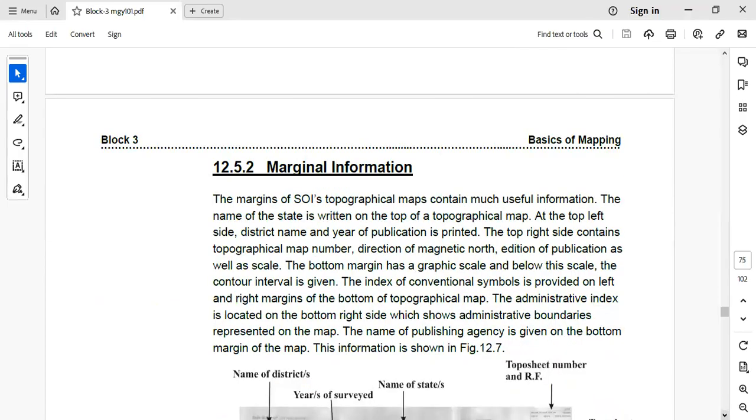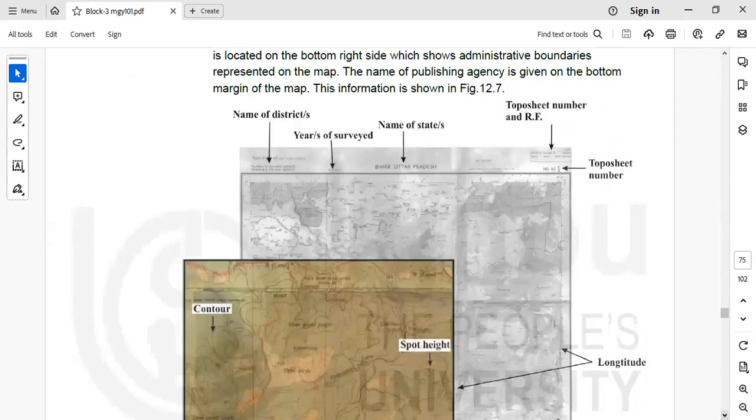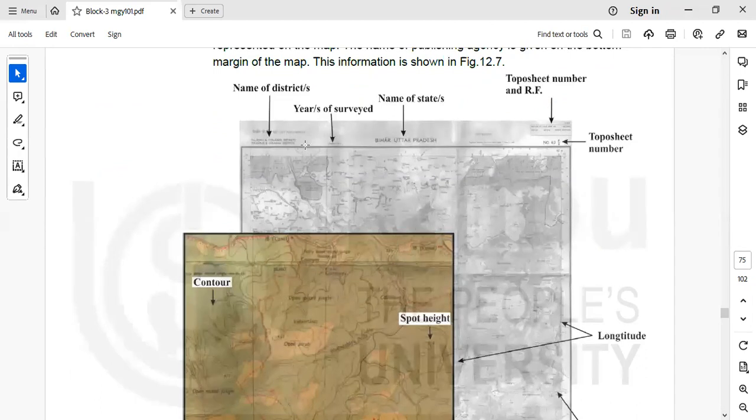Now we have marginal information which is available in the Survey of India topographical maps. Here is the topographical map of a region, and at the margin you can see various types of information.